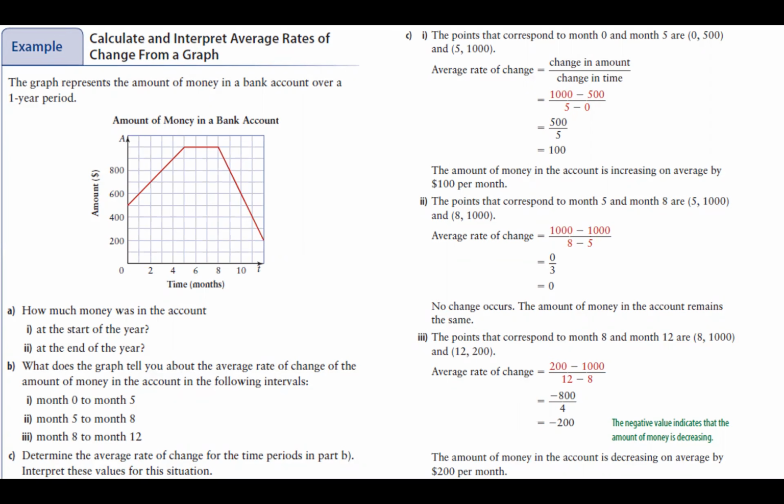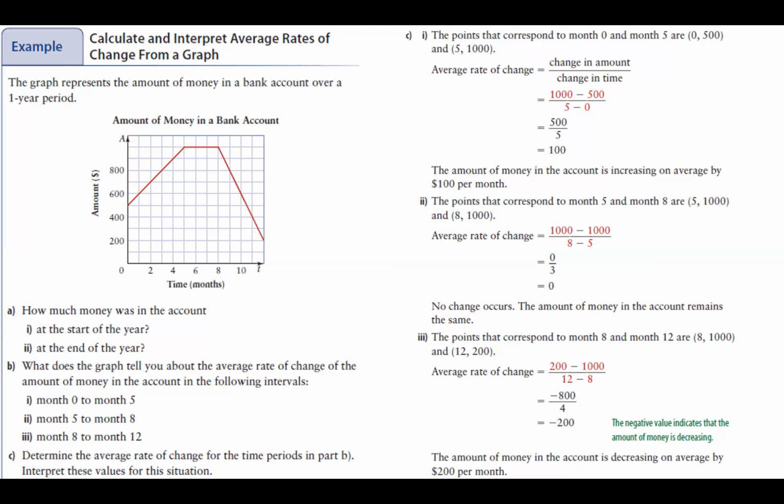Okay, question 3. The points that correspond to month 8 and month 12 are (8, 1000) and (12, 200). Then the average rate of change is delta y over delta x again. So in this case, delta y is 200 minus 1000. Delta x is 12 minus 8.